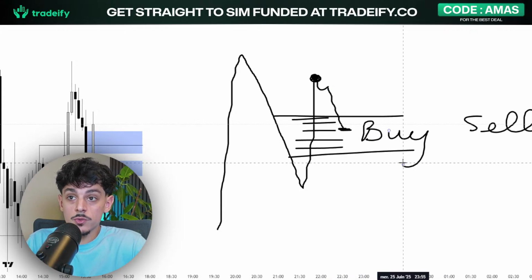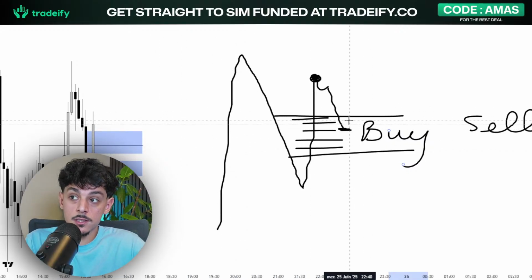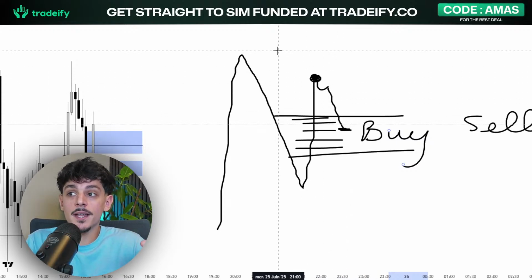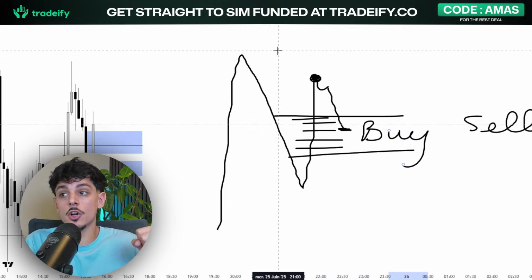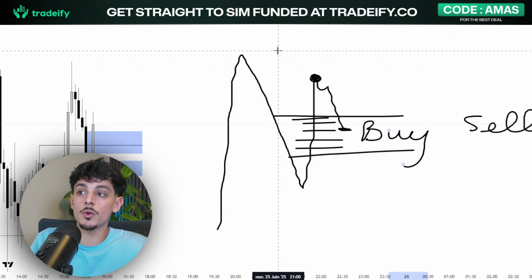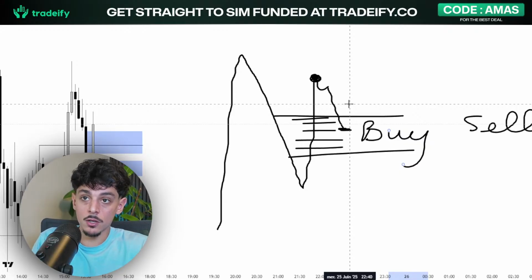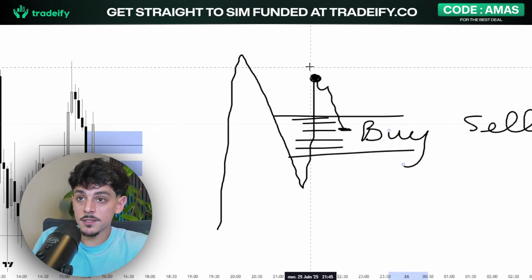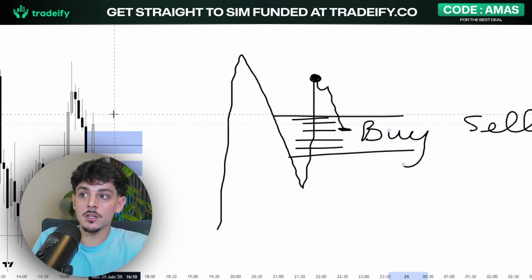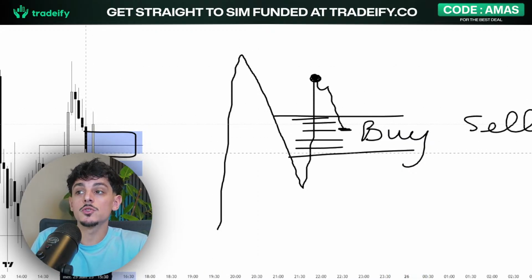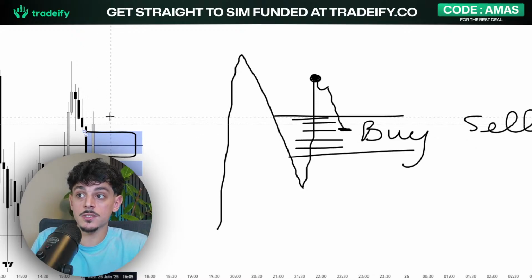This is why when you see an inversion fair value gap, it's a really good confirmation of a cover, because a lot of people are going to click on buy at the same time. This is why you see such sharp moves, and you can anticipate that when you see an inverse, price is going to start ripping because it's an order flow confirmation. You disrespect this gap, okay, we're most likely going to pull back towards this gap, so sellers will click on buy to get out of their positions at break even.